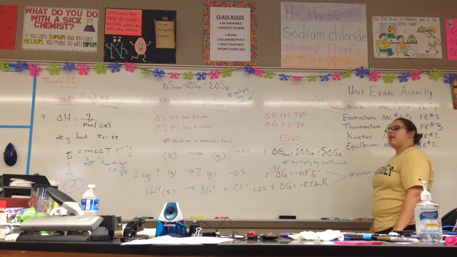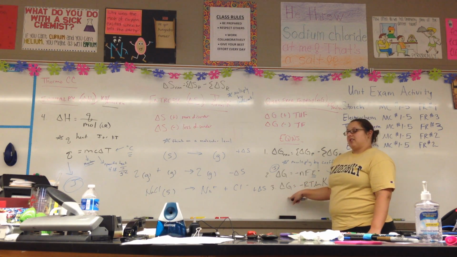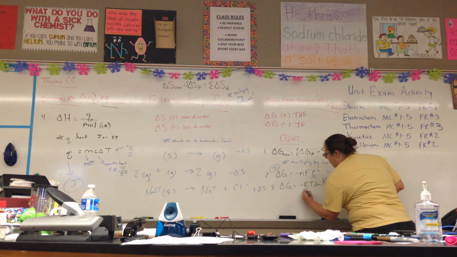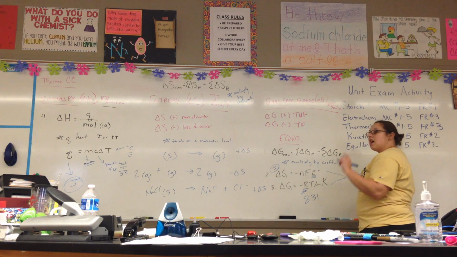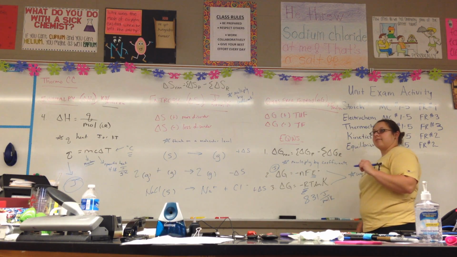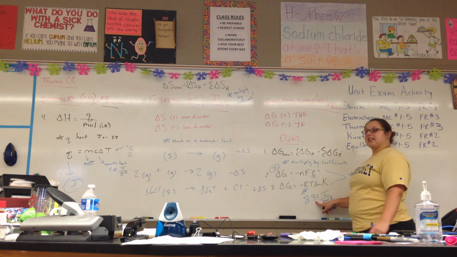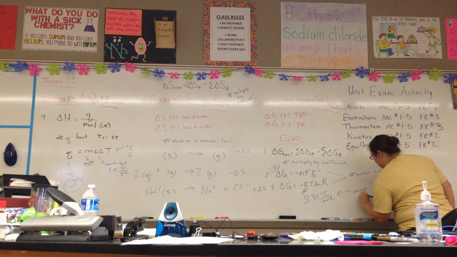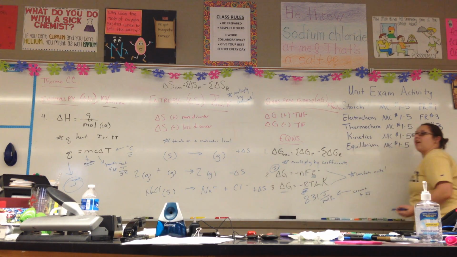Most of the time when you use this equation is when you're going to find K. The R that you use is 8.31, but that's in joules. So I always like to just convert to kilojoules. You have to get this and this in the same unit to solve for K.